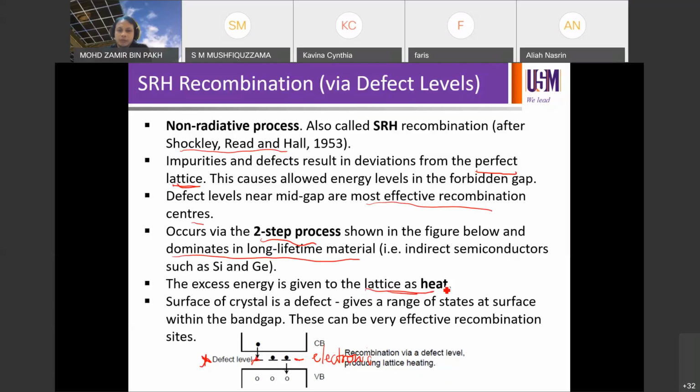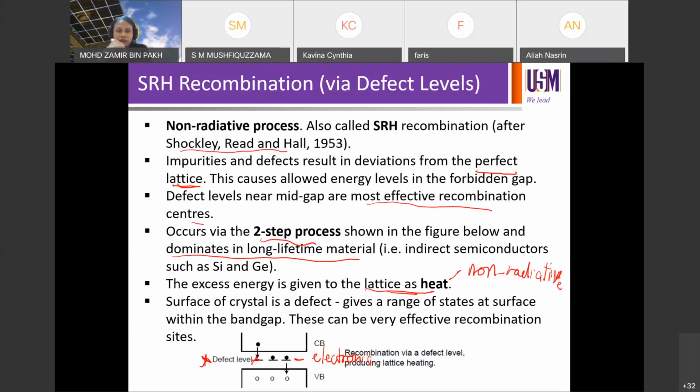That's why we call it non-radiative. In the first case, we have seen radiative, where the excess energy is emitted as a photon upon recombination, but in this case, the excess energy is given off as heat.